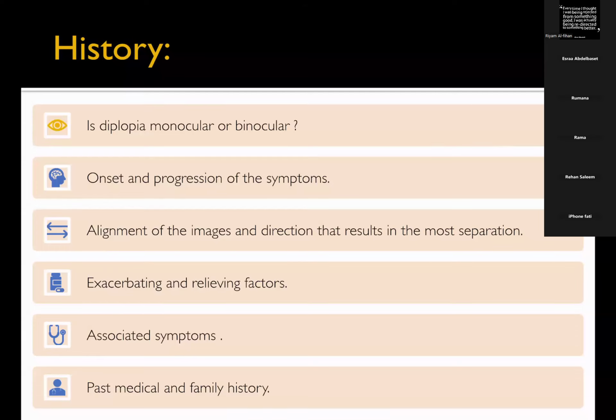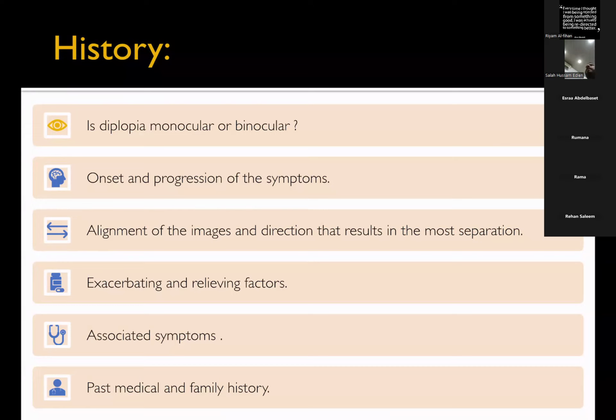As with any patient coming to our clinic, we have to approach him by history, examination, and later on investigation. And examination, as always in our clinic, could be firstly systemic, then ocular examination. Regarding the history, all of the following questions are very important and crucial in our approach to a patient with diplopia.